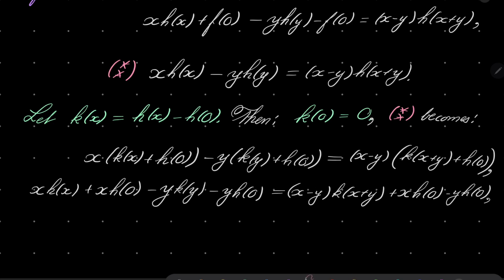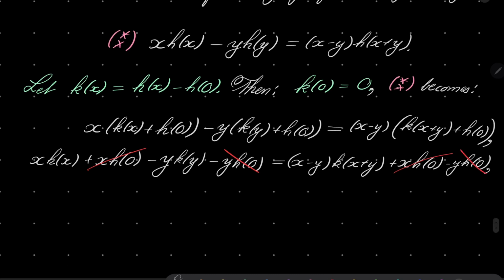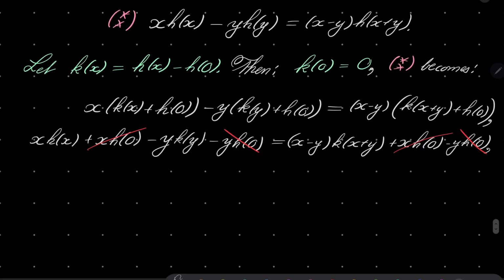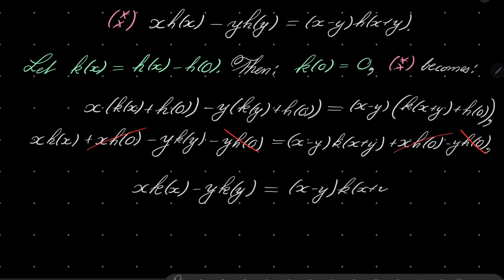Notice that we have some cancellations. x h of 0, x h of 0, minus y h of 0, minus y h of 0. So it all boils down to the following equation: x k of x minus y k of y equals x minus y times k of x plus y. Let's call this equation triple asterisk. It's exactly the same equation as double asterisk, but we have k instead of h.